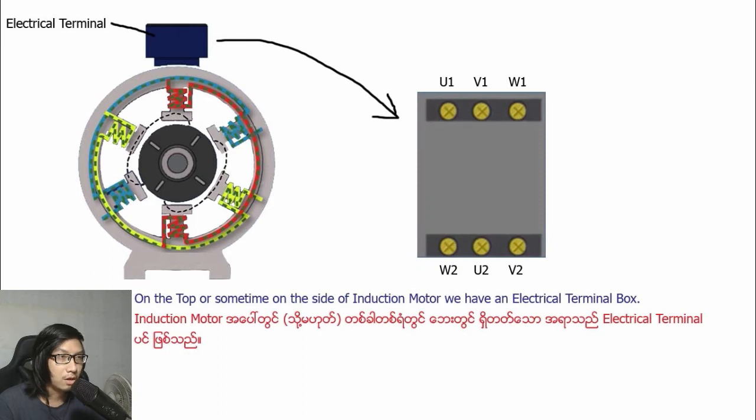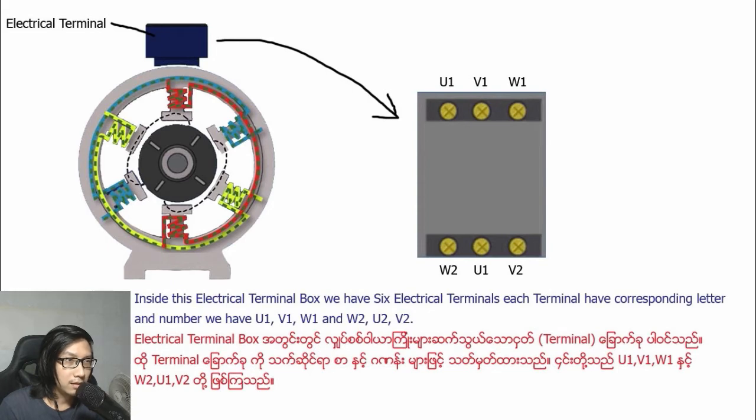On the top or sometimes on the side of the induction motor, we have an electrical terminal box. Inside this electrical terminal box, we have 6 electrical terminals. Each terminal has a corresponding letter and number.